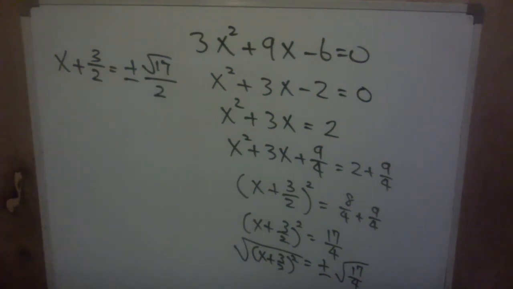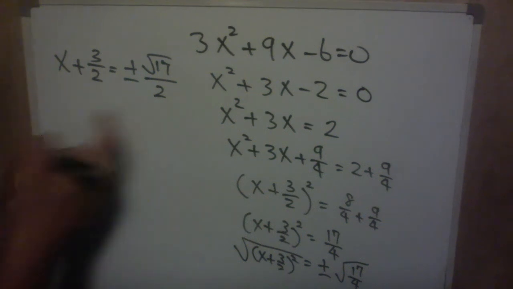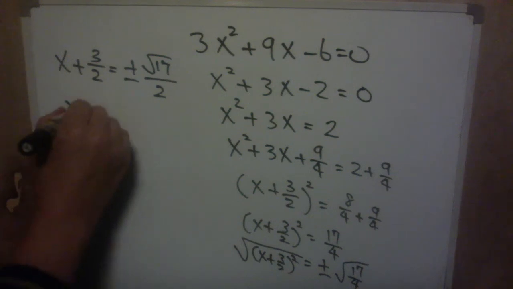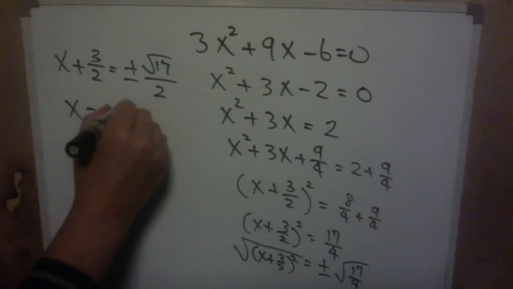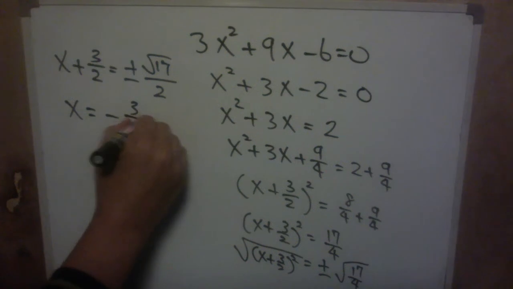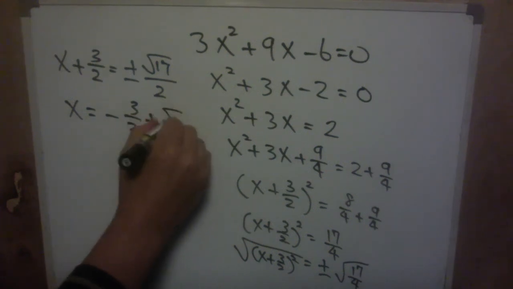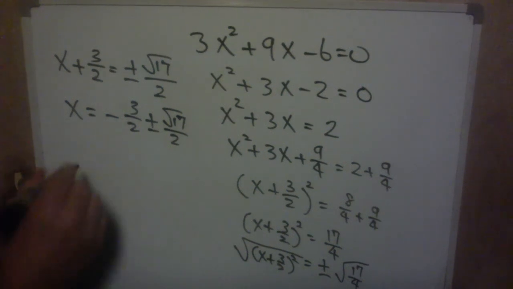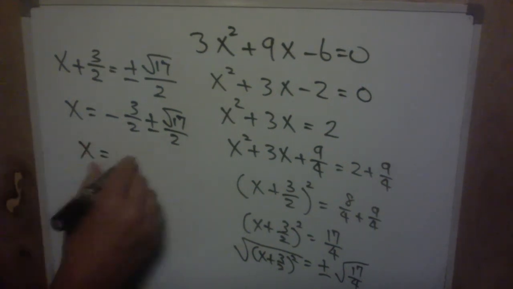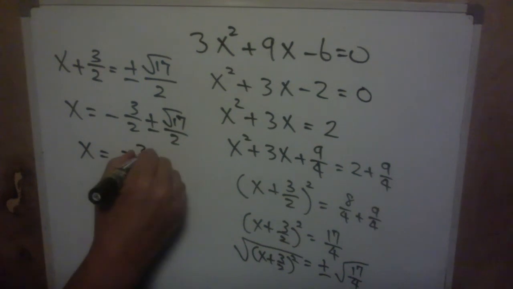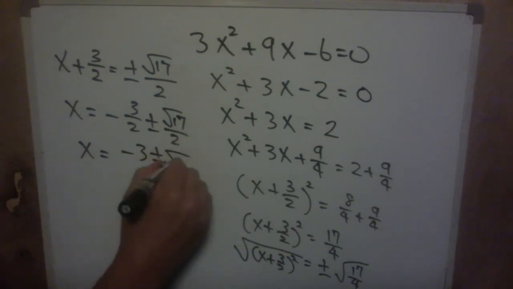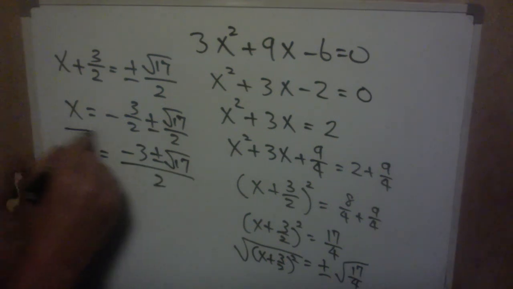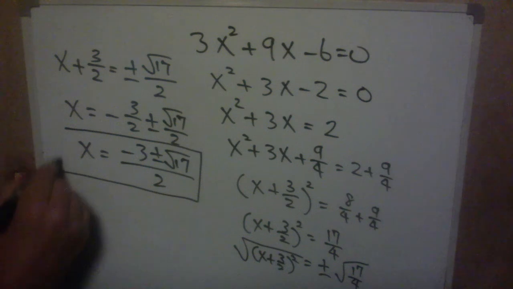To solve for x, I'm going to take 3 halves to the other side, so x equals negative 3 halves plus and minus square root of 17 over 2. If you'd like, you could write this as negative 3 plus and minus square root of 17, all over 2. And that is our solution.